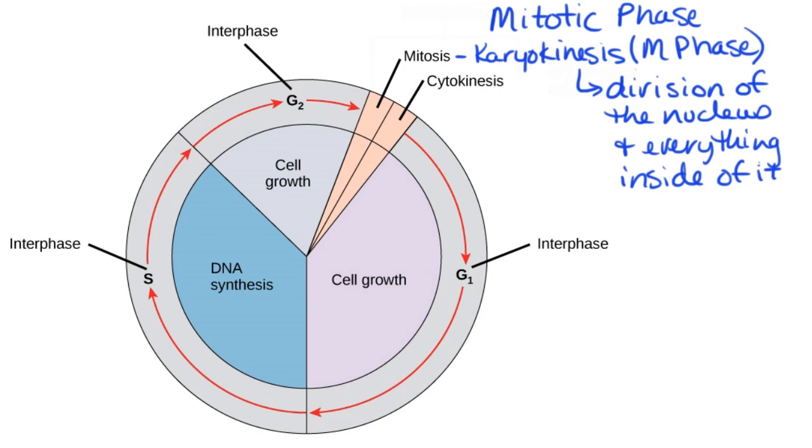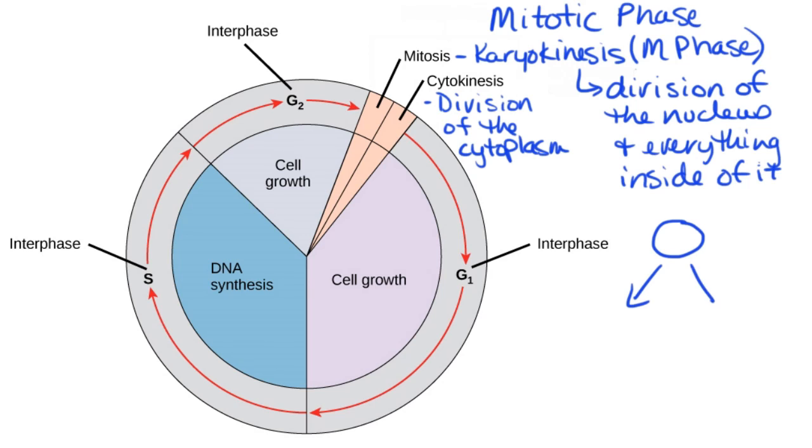Cytokinesis is going to be division of the cytoplasm. Now, another way to look at that is this is basically division of the rest of the cell. So mitosis is going to divide the nucleus, then we're going to follow that up with cytokinesis, which will again divide the rest of the cell, so that ultimately with this whole process, the cell cycle, we start with one cell and we're going to split that parent cell into two daughter cells.